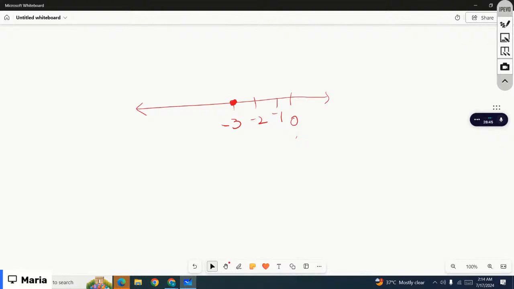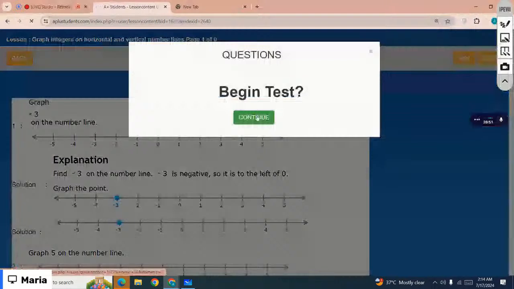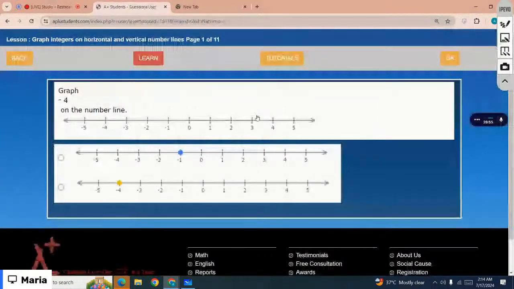Okay, let's just start with the test questions. Basically, if a number is negative, that would be on the left-hand side of the zero. And if the number is positive, that would be on the right-hand side of the zero.